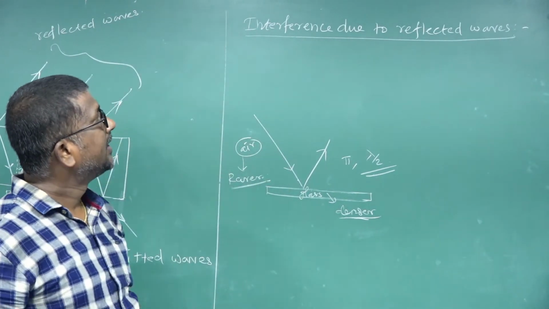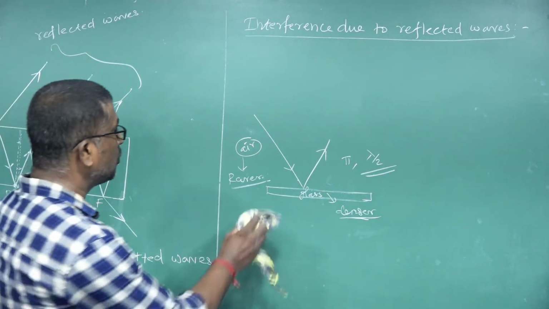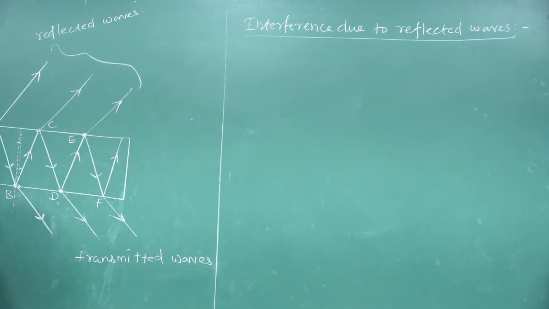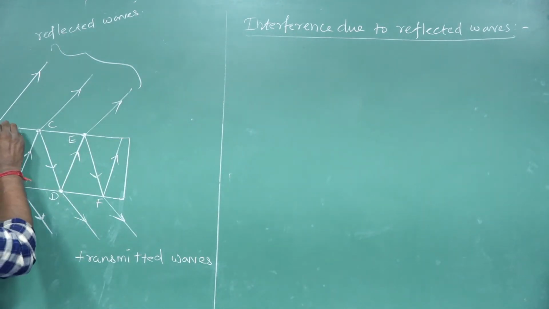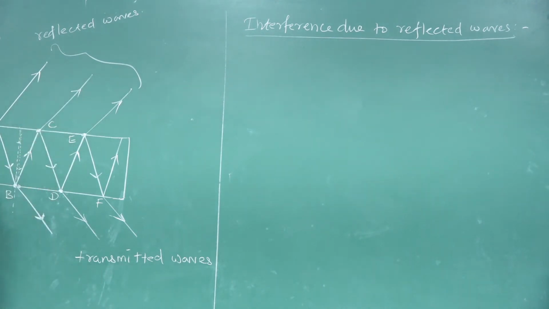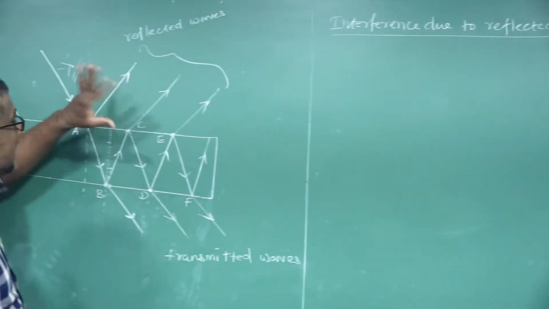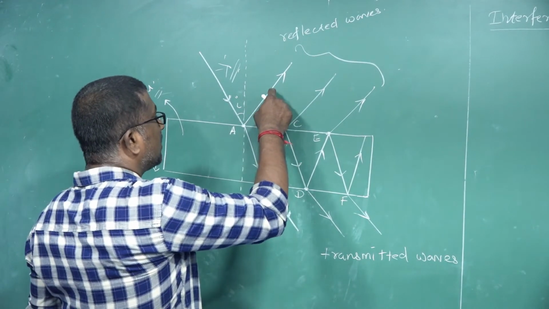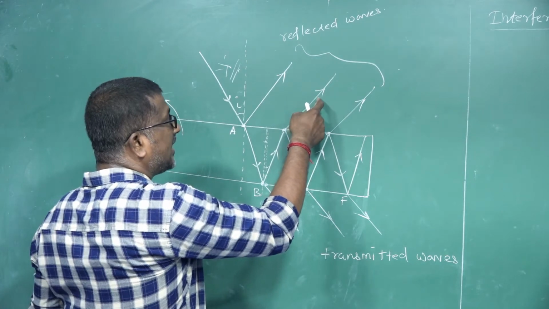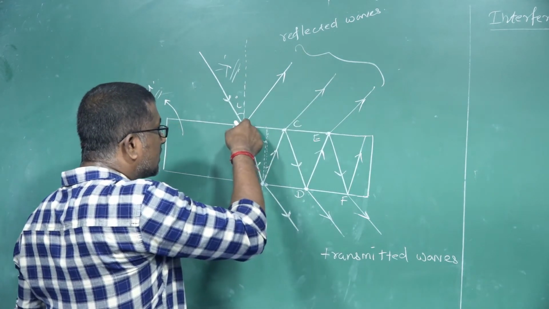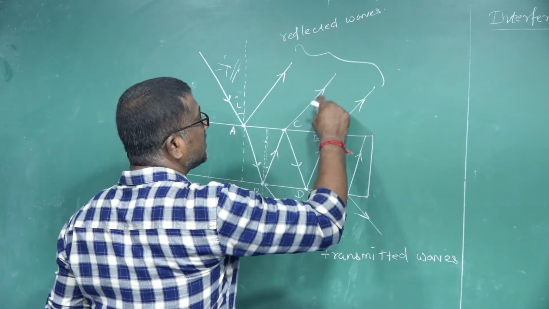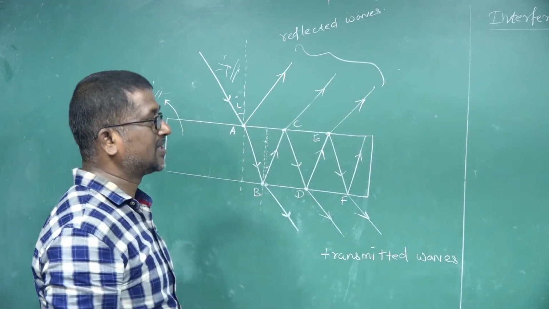Now we go for interference due to reflected waves. Consider only two reflected waves in this diagram, one from the point A and another from the point C. This reflected ray travels from the point A to B and then B to C, and finally comes out from the top surface of the thin film.